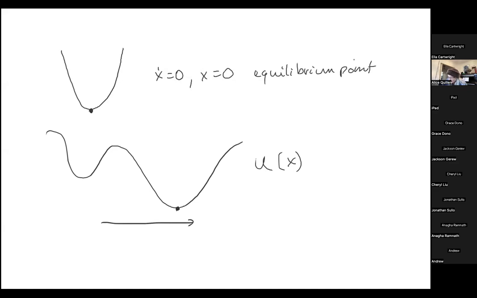It's not going to go anywhere. And same if I put it here at the top, it will also be an equilibrium point. But if you move it very slightly away from that equilibrium point, then it will start to leave. So these points are stable, and this one is what we call an unstable equilibrium point.